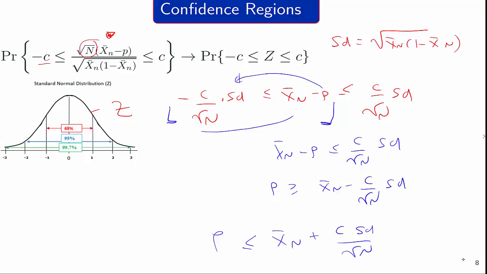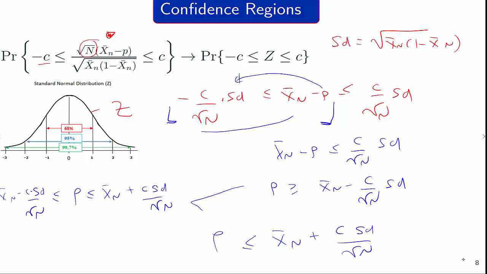So this is it. These two together just give us that p is less than or equal to x bar n plus c times the standard deviation over root n, and it's greater than or equal to x bar n minus c standard deviation over root n.